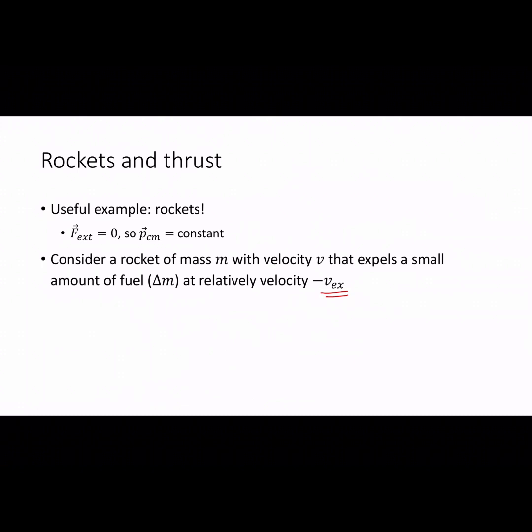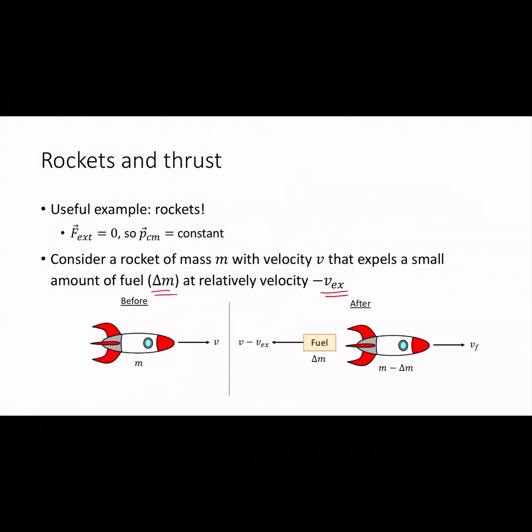So imagine it shoots out just a little burst of fuel, a small amount of mass delta m at this relative velocity v expulsion. So you can think of this like a collision. Before the collision, the whole object, rocket plus fuel, was moving forward with velocity v. And after the collision, the rocket is now moving with some slightly different velocity, presumably faster.